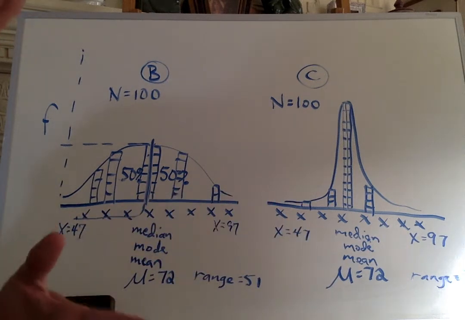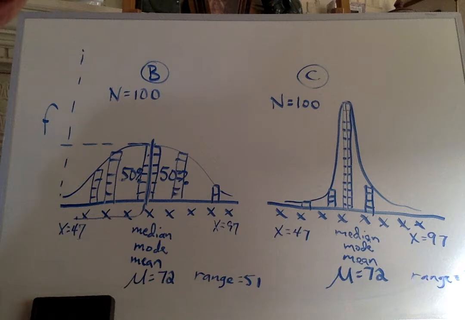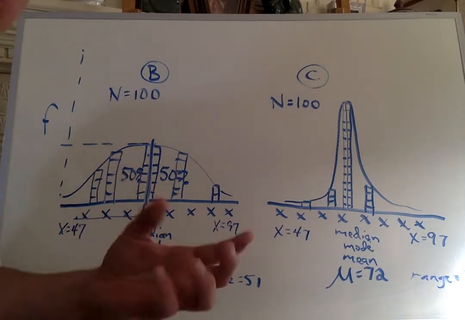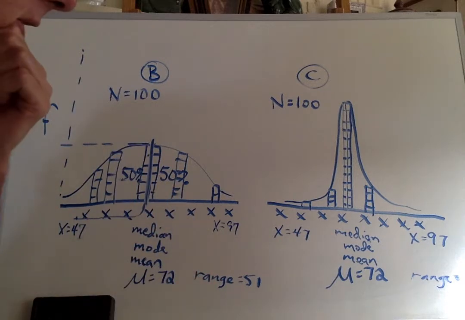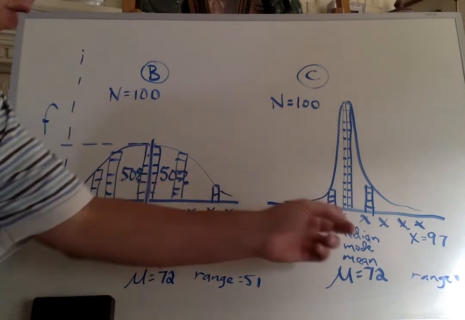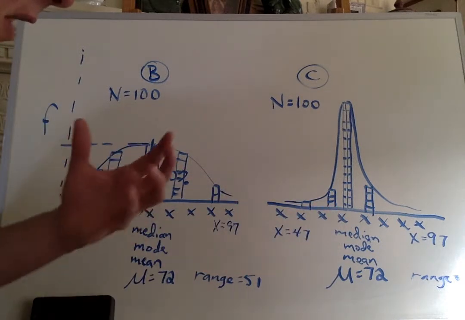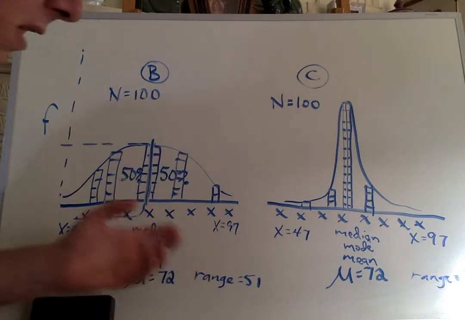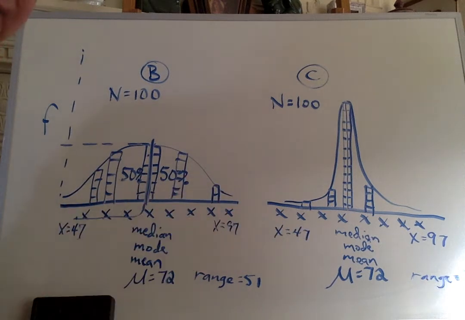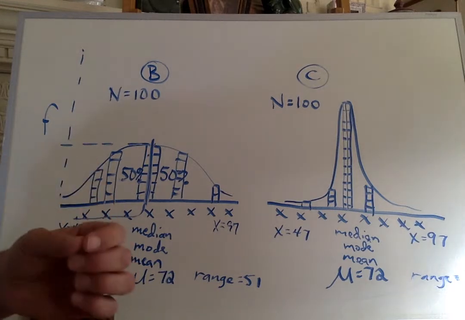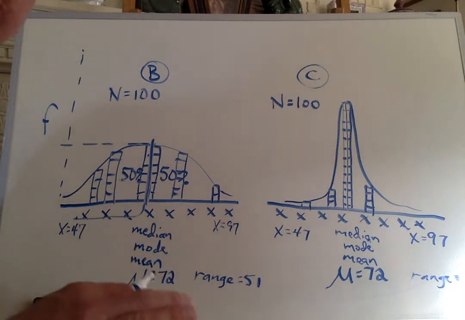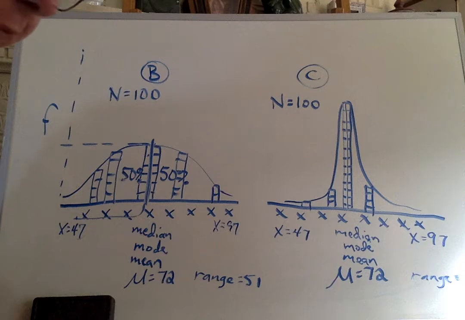And I've created that because I want you to appreciate, I want you to see that we can have two different distributions that are quite different. They look really quite different, and yet all of our descriptive statistics thus far cannot differentiate between these two.